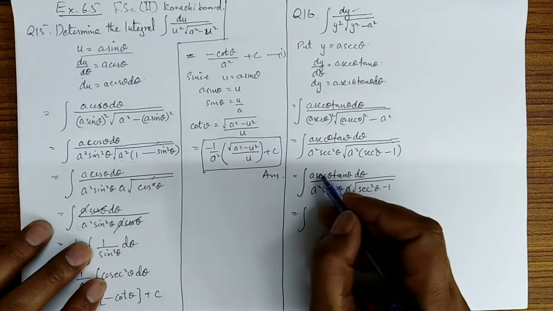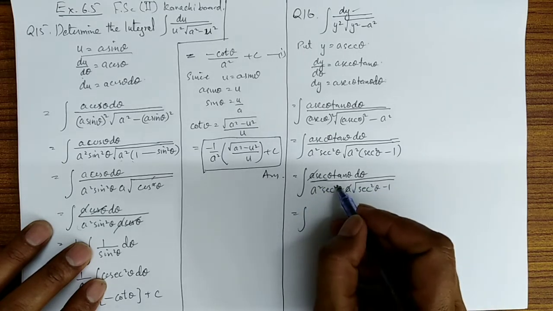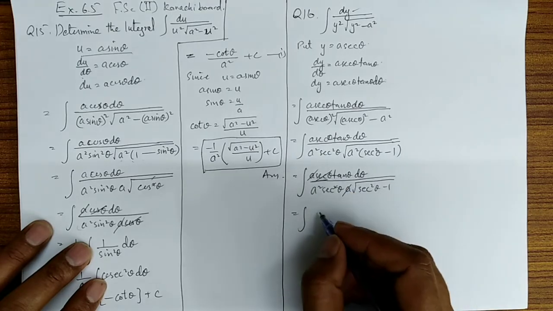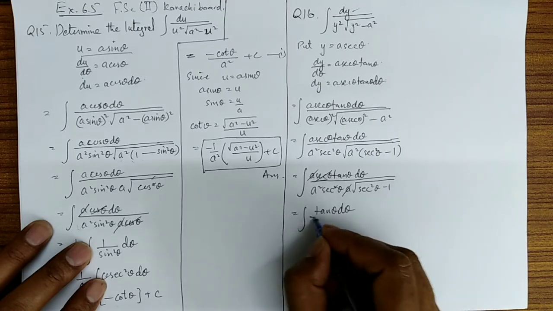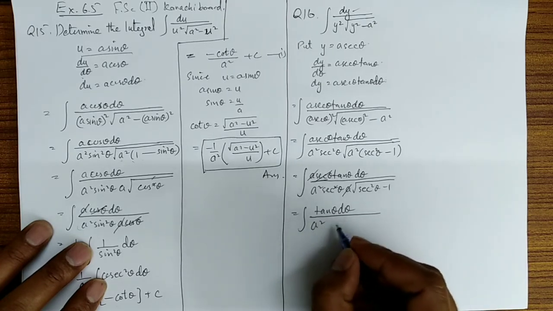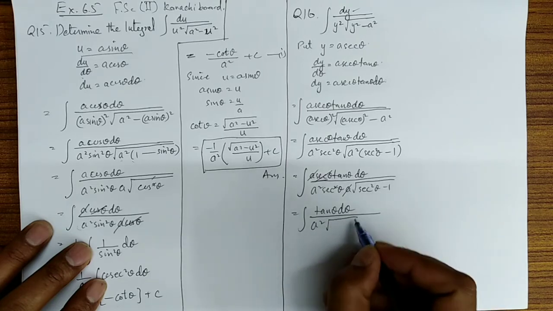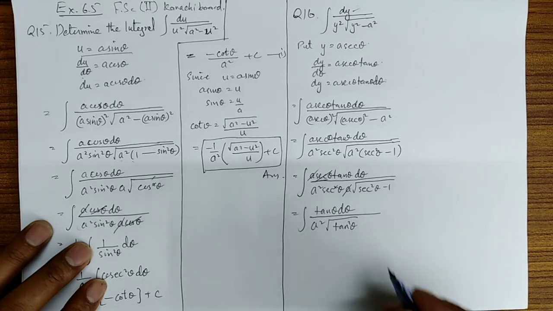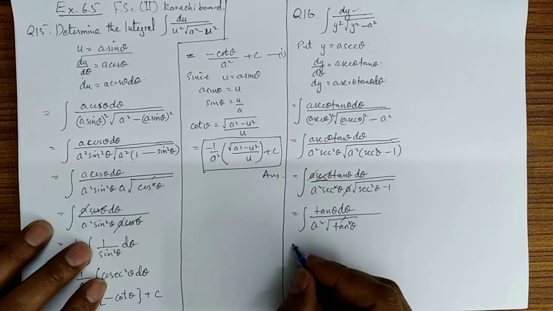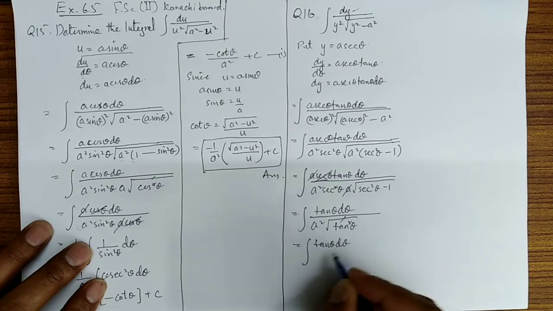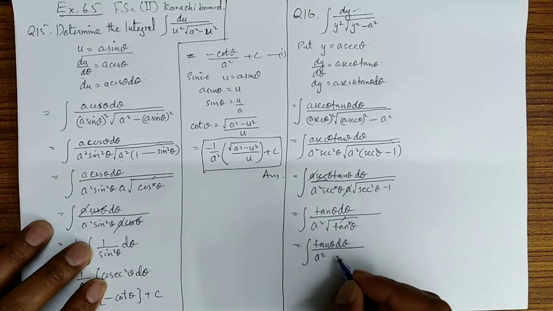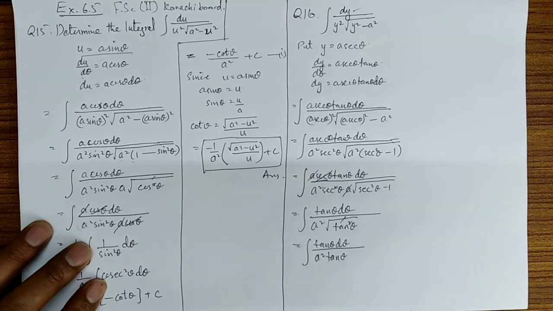So I can cancel out this a and a from here, and this sec and this sec, and I am left with tan theta in the numerator, d theta whole divided by a, and taking tan square theta in place of sec square theta minus 1, the square and this root cancel out, so I am left with tan theta d theta divided by a tan theta.